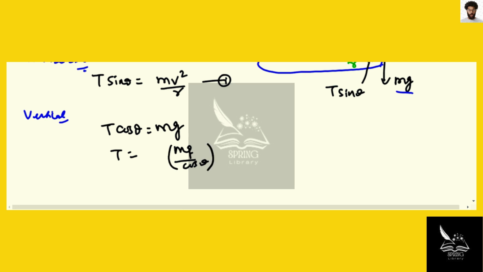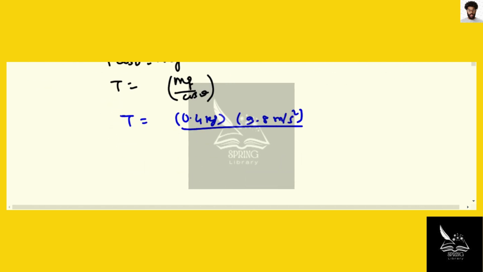Let us plug in the values: 0.4 kg into 9.8 meter per second square divided by cos 24 degrees, that is 4.29 newtons. So this is the tension in the string.